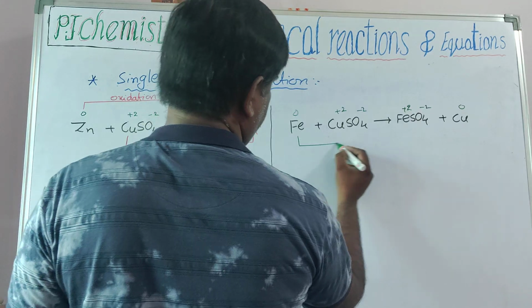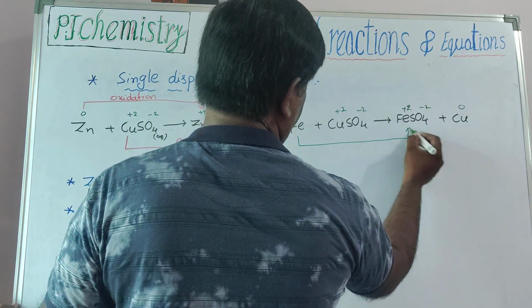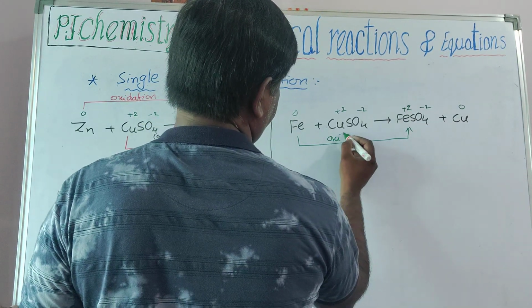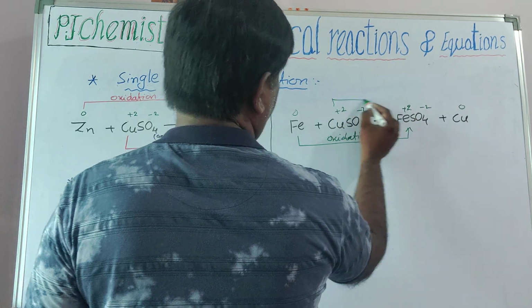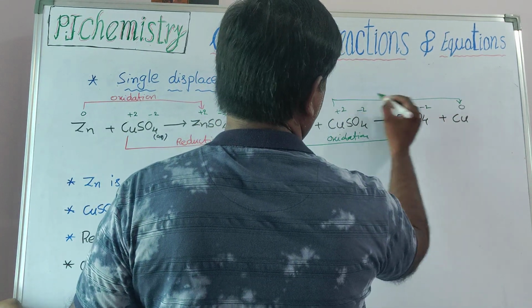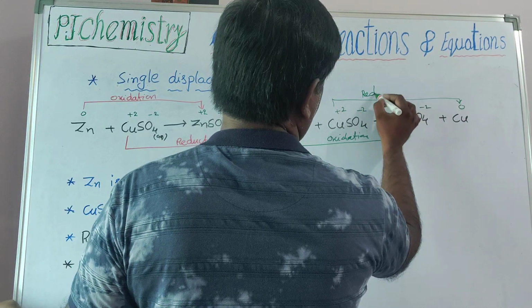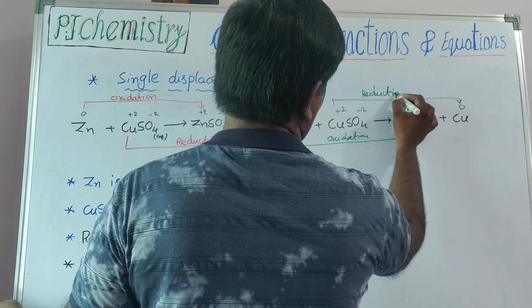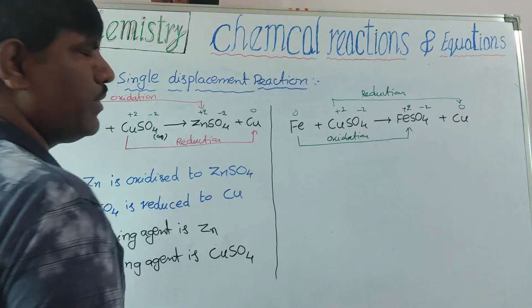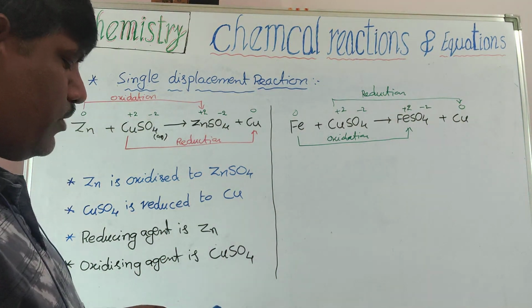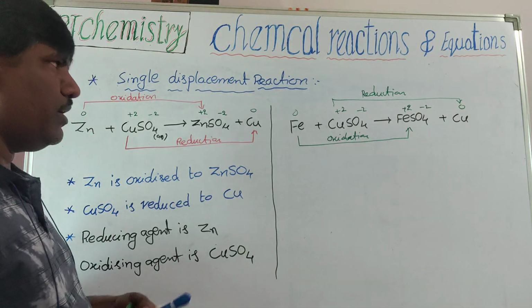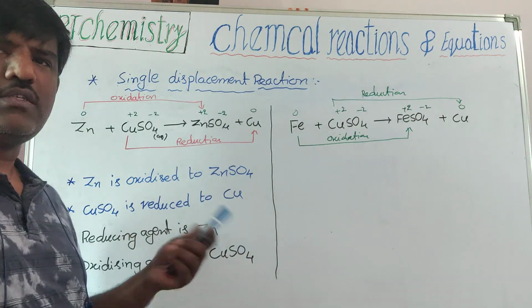So iron 0 to +2 is oxidation, copper +2 to 0 is reduction. A reaction undergoing both oxidation and reduction is called a redox reaction. So these are redox reactions.